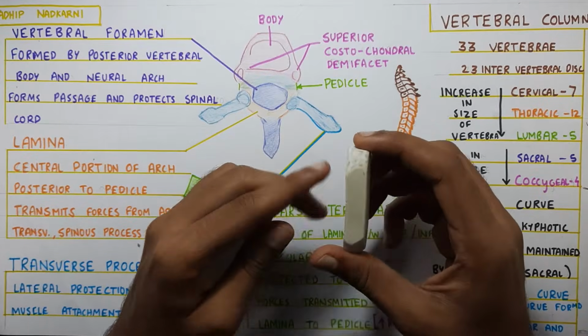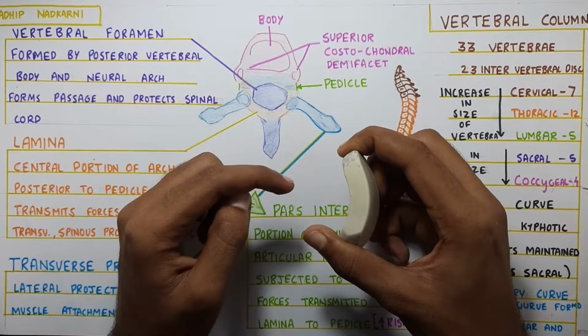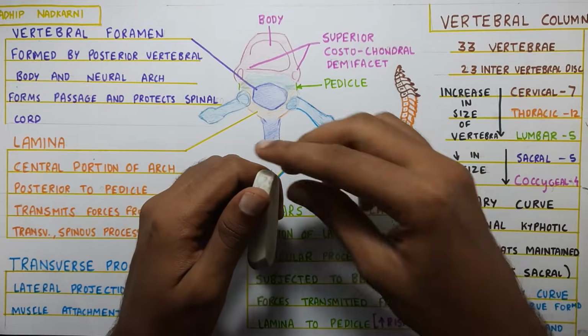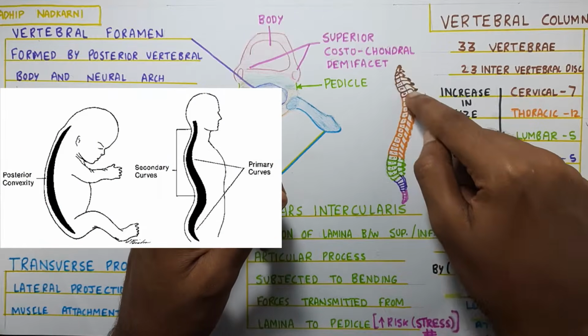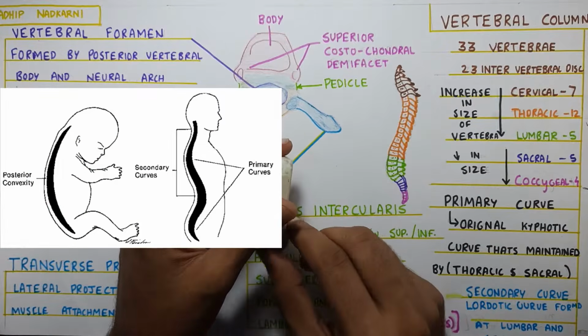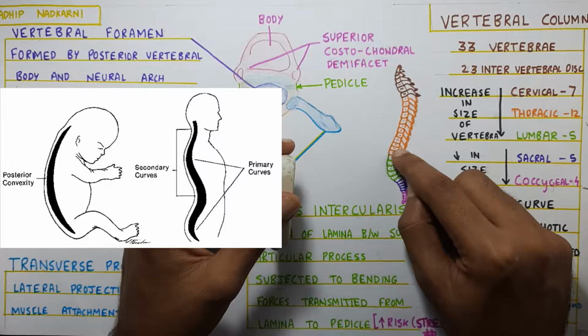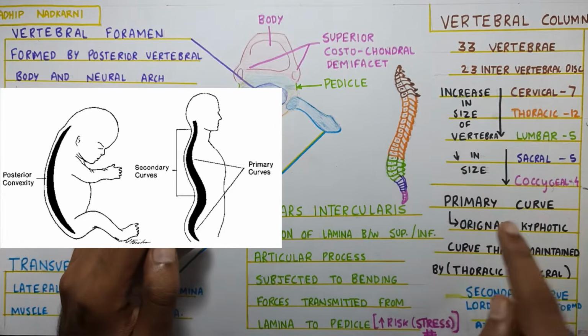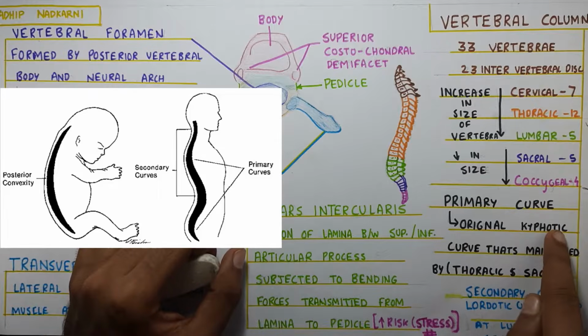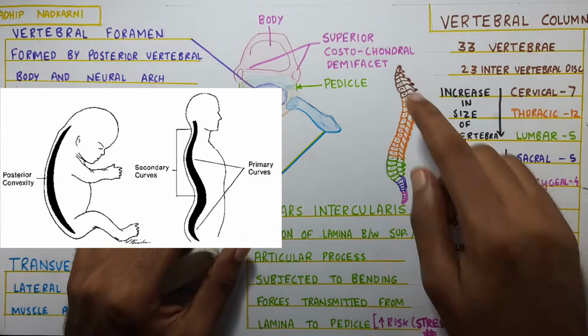So when you are born, your whole spine is in a kyphotic curve, and then as you start developing and raising your head, you develop a cervical lordosis. And also as you start standing, you also develop a lordosis at the lumbar spine. Okay, so primary curvatures are the original kyphotic curvatures that are maintained at the spine.